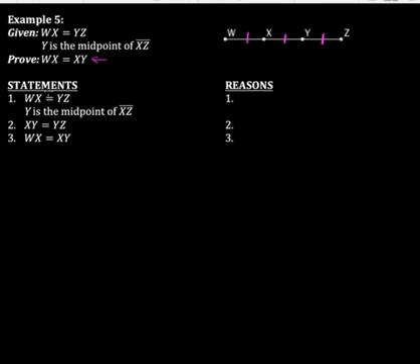So we're going to start with the statement that WX is equal to YZ, and that Y is the midpoint of segment XZ. And of course, that is the given information. Next, we have that the length from X to Y is the same as the length from Y to Z. Now, I marked that on here, but do you remember why? Why was it that I marked this and this congruent? It had to do with the fact that this statement said that Y is the midpoint of segment XZ.